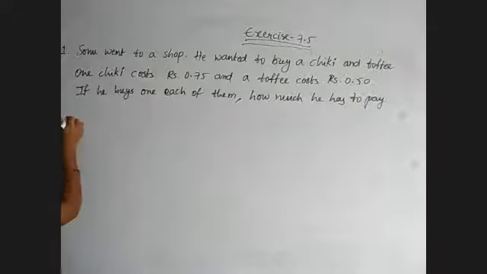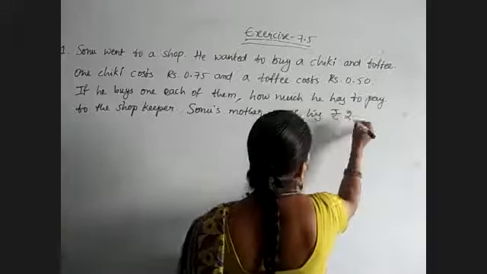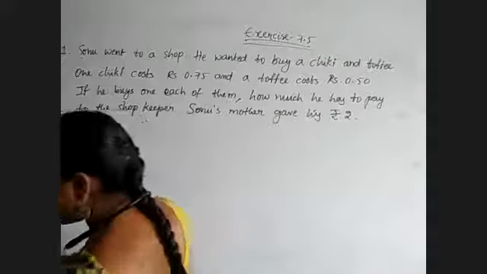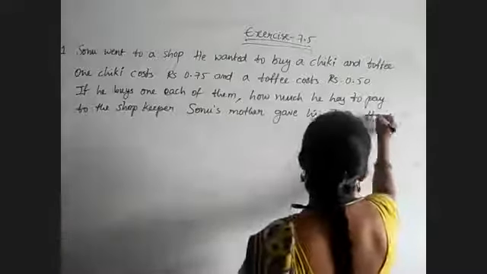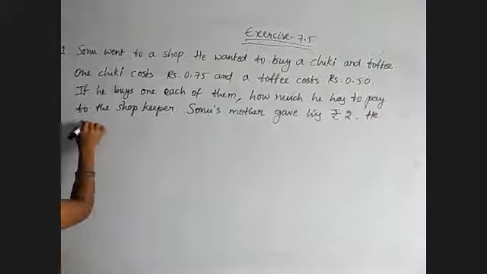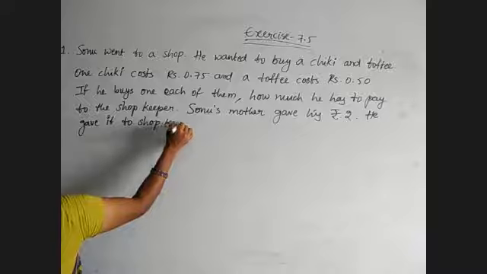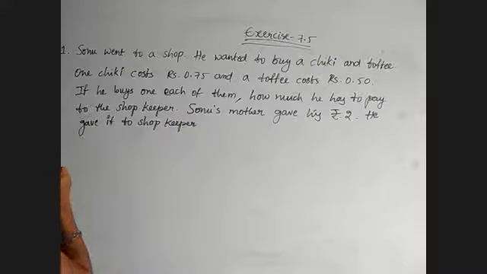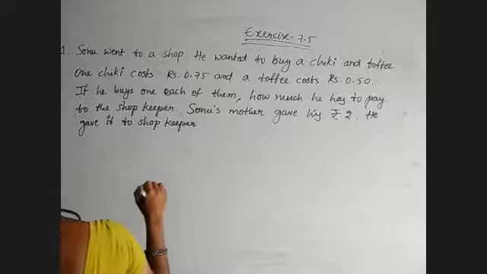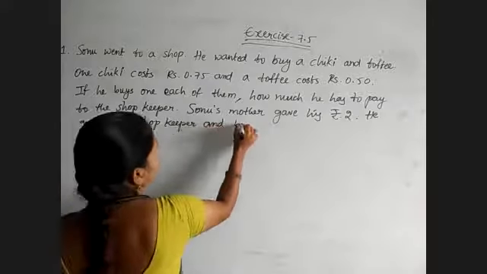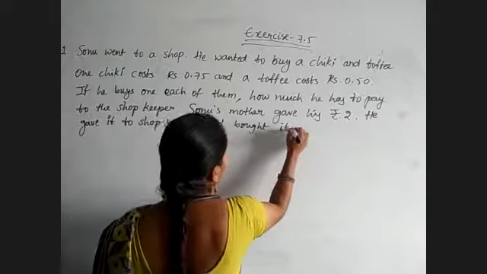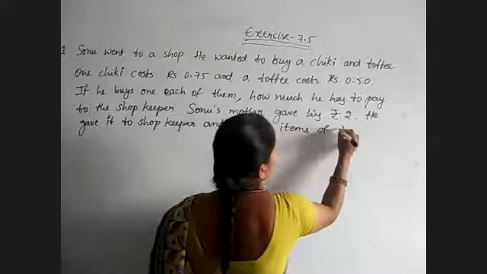Sonu's mother gave him 2 rupees. He gave it to the shopkeeper and bought items of 1.25 rupees.